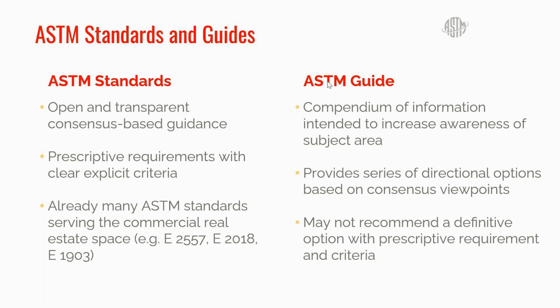Perhaps some of you work with real property or commercial properties, and you probably dealt with ASTM standards, for instance, for probable maximum loss and earthquake risk for properties, that's the E2557, and for property condition assessment, that's the E2018. There are about half a dozen of these standards already in place in the commercial real property world. On the other hand, something that is relatively newer that ASTM produces is what they call a guide.